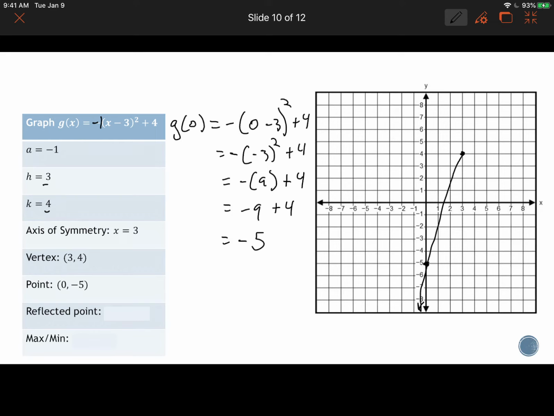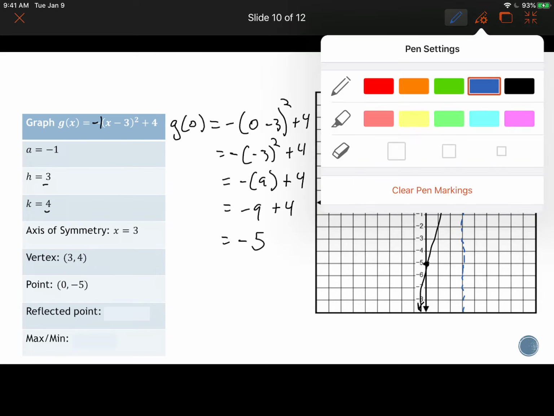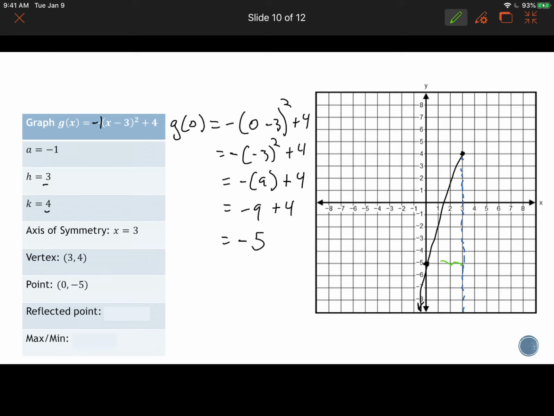Continuing my graph until I reach the point, and I'm going to reflect that point over the axis of symmetry. Again, 3 units to the left, 3 units to the right, and here is my point at 6, -5.